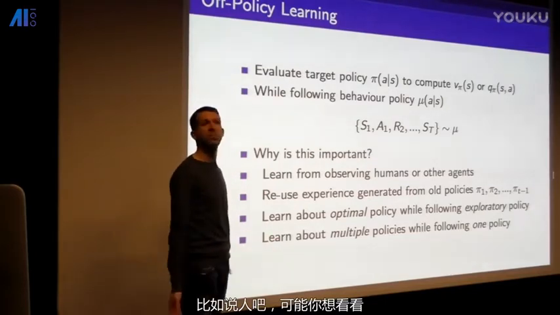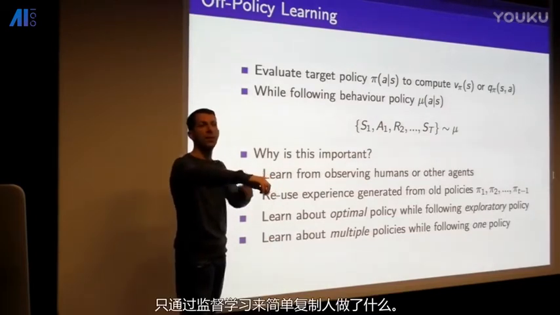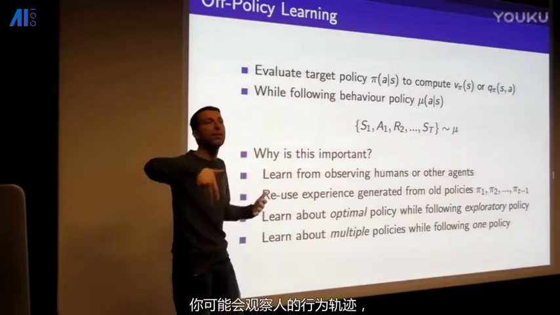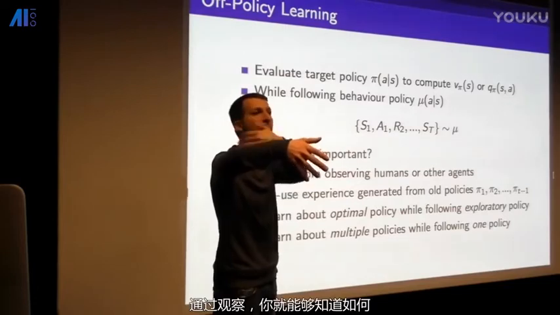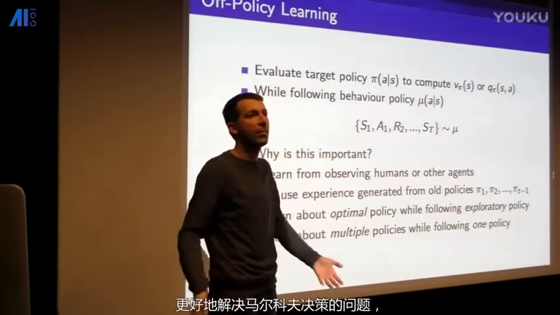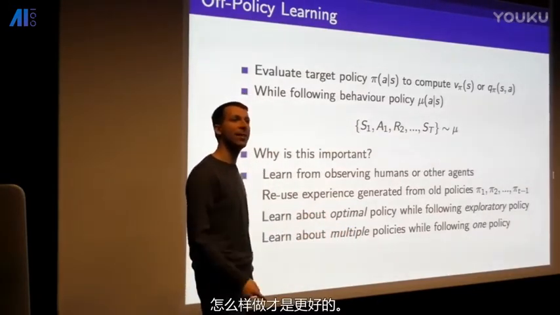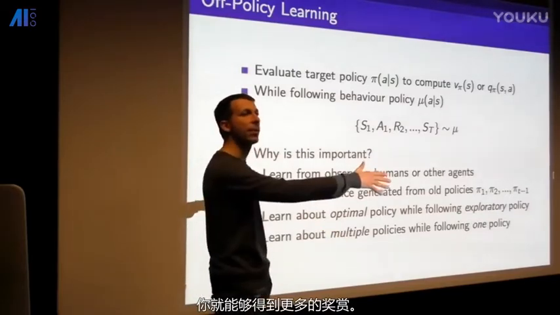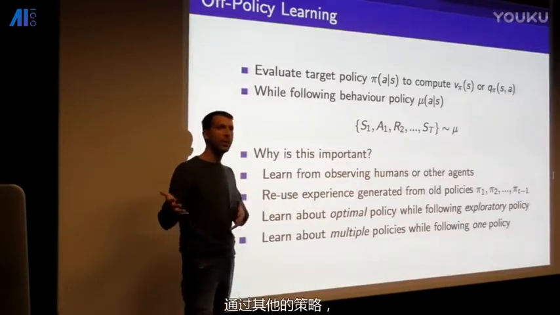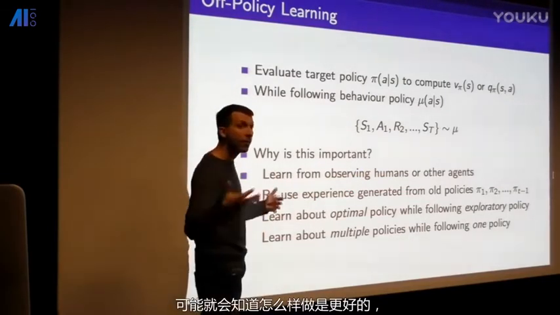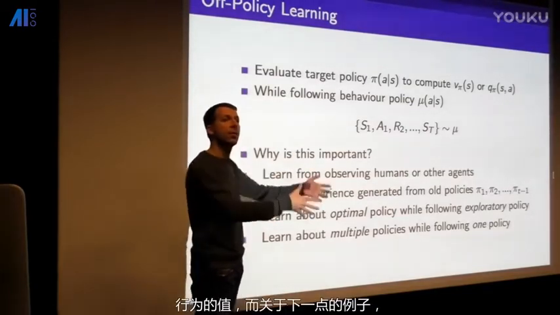You might want to see how humans behave, and not just do supervised learning to copy what the human did, but look at the traces of behavior, look at the episodes of behavior that the human executed, and actually, just from that experience, figure out how to do better, figure out how to solve the MDP just from watching some human steer some boat around, and then look at what they did and say, I know how you could have done better. You could actually have got more reward by following this other path around. That's the goal. We want to be able to observe some other policy and maybe figure out how to do better, or learn from one behavior what the value of another behavior would be.